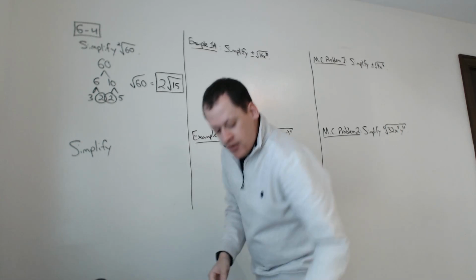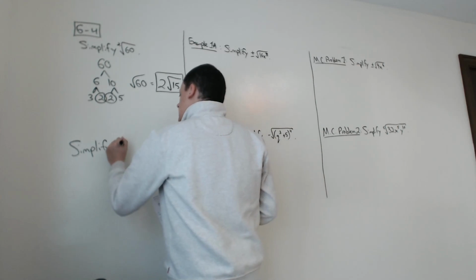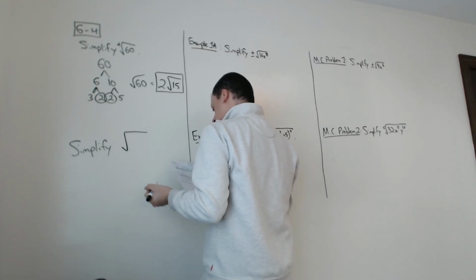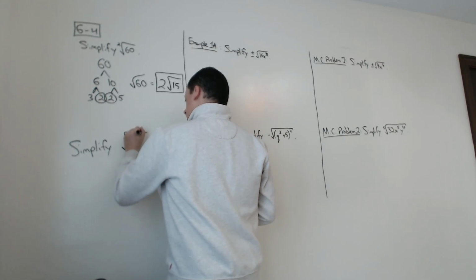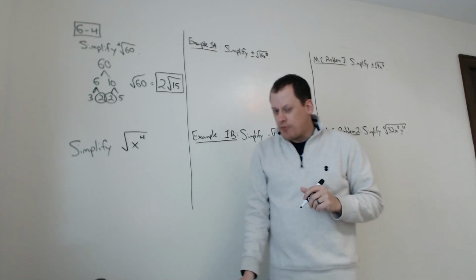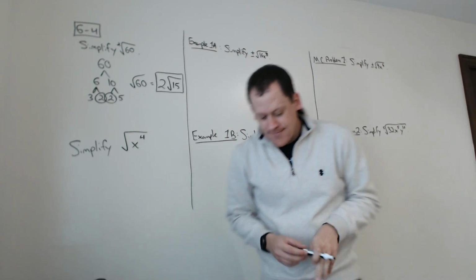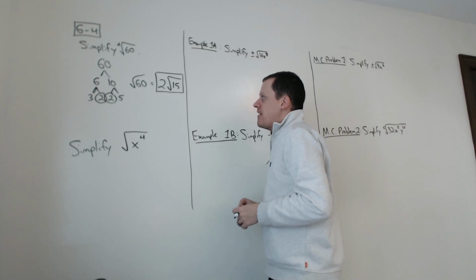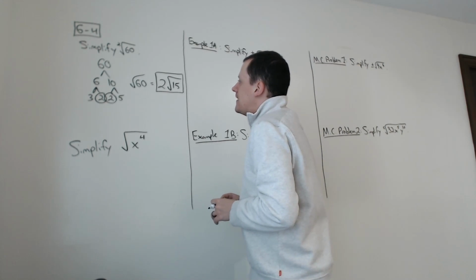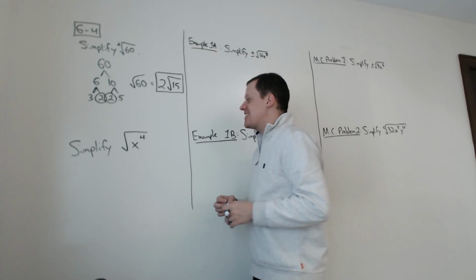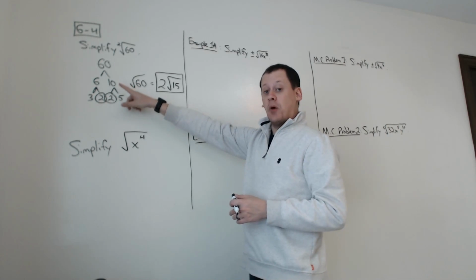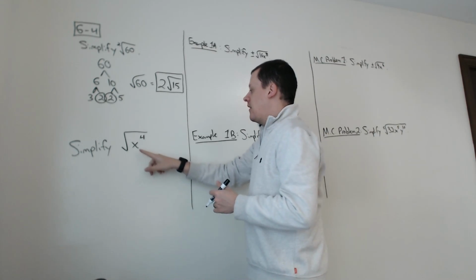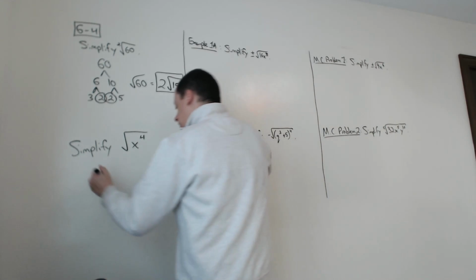Interesting, right? Let's go ahead and simplify the square root of x to the 4th power. The square root of x to the 4th power. We could do this. It's a similar idea as to what we did here. The thing we're breaking down is x to the 4th.